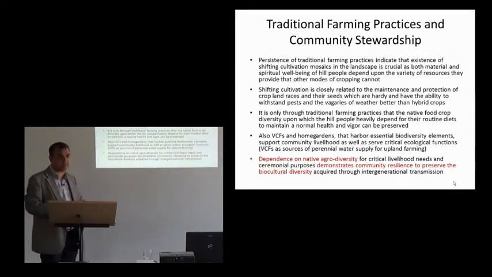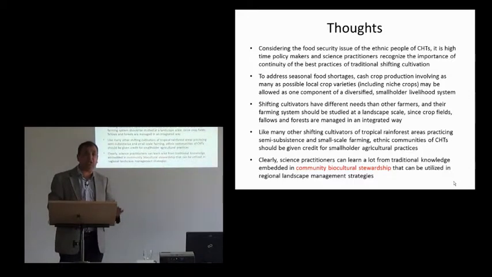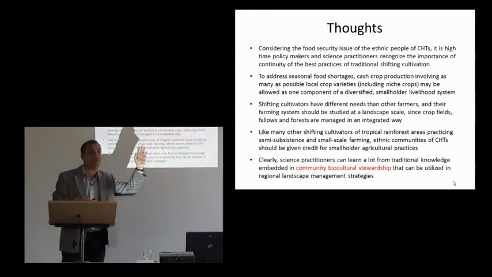So this can be used in. And finally, I have got some thoughts. What I'm trying to say here is that maybe we'll have to allow shifting cultivation in some places, because there is pressure to eliminate shifting cultivation from the landscape.